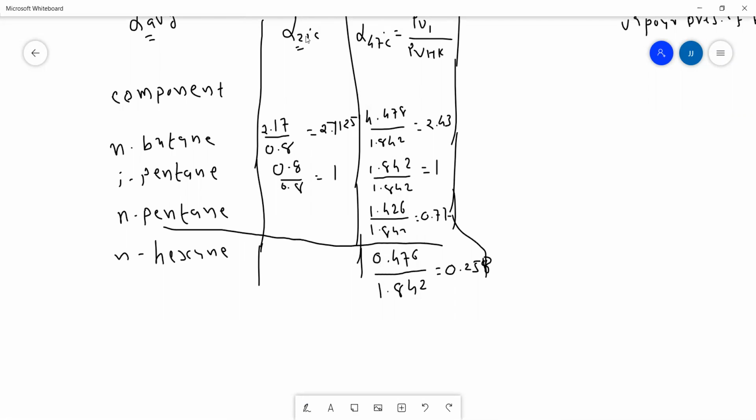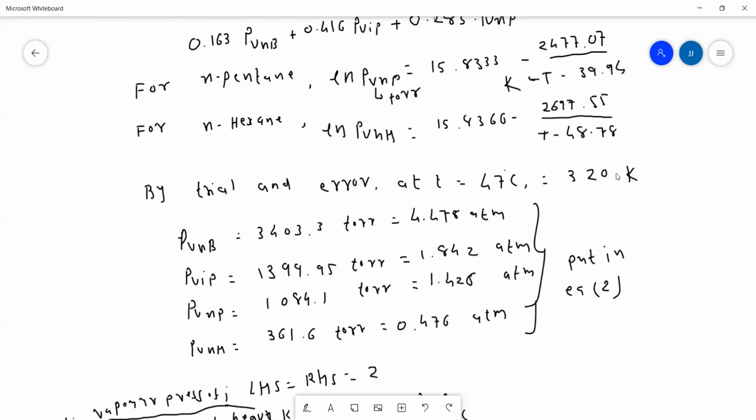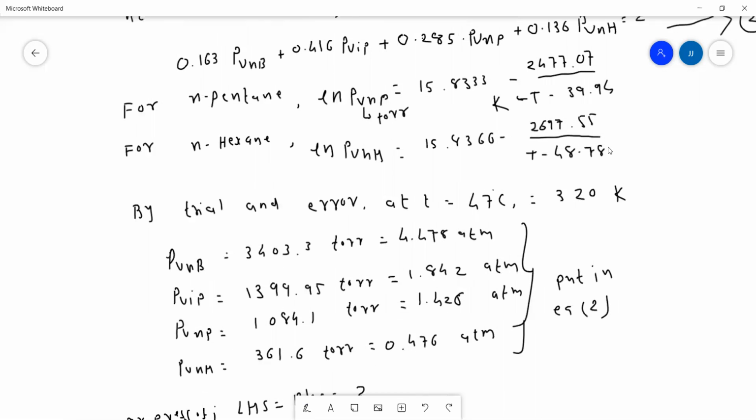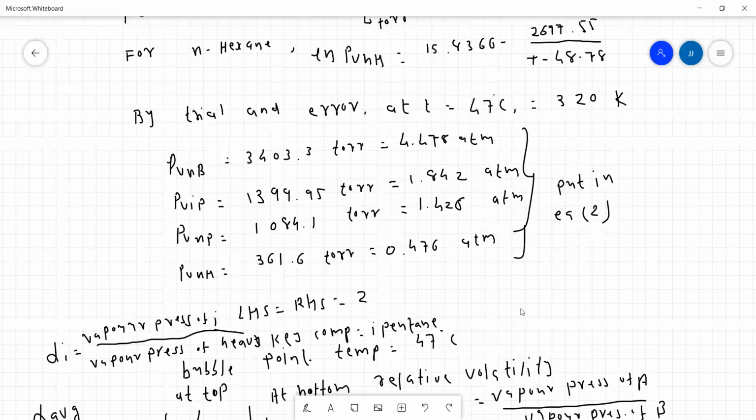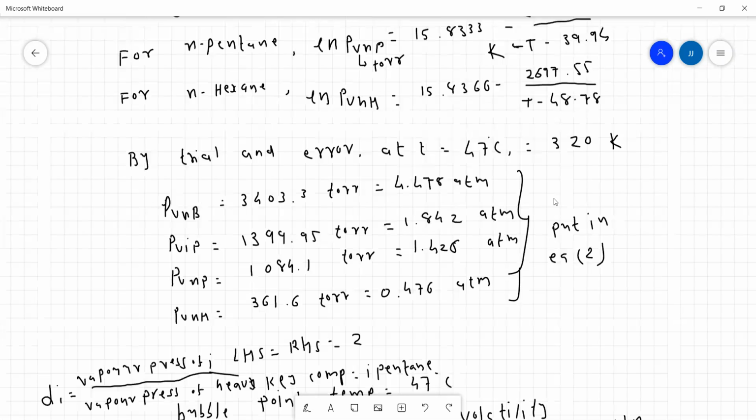We have an Antoine equation here for n-pentane and n-hexane. So what you do is substitute the temperature here. If you substitute 47 centigrade, which I think is 320 Kelvin, yes, 320.